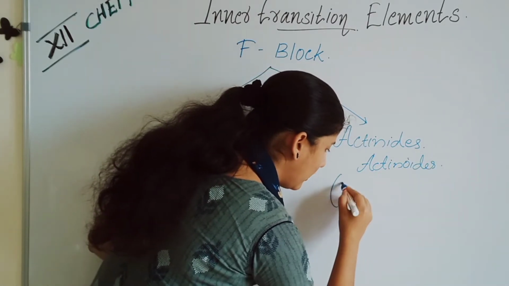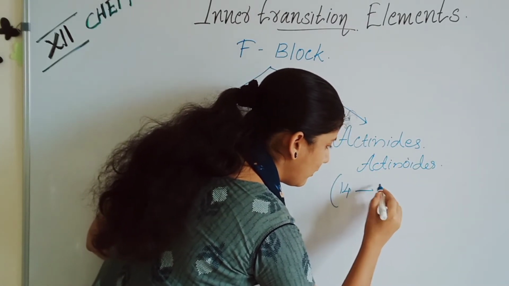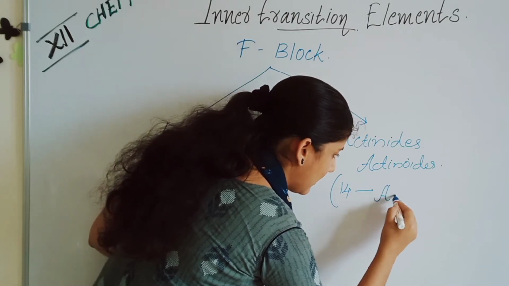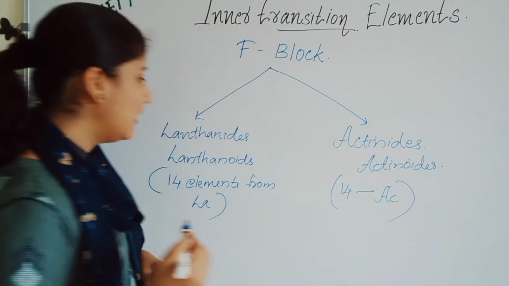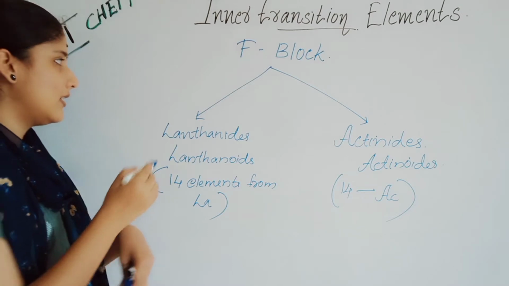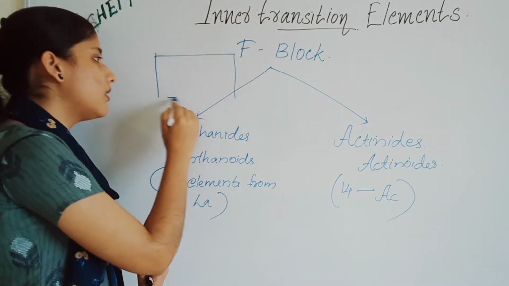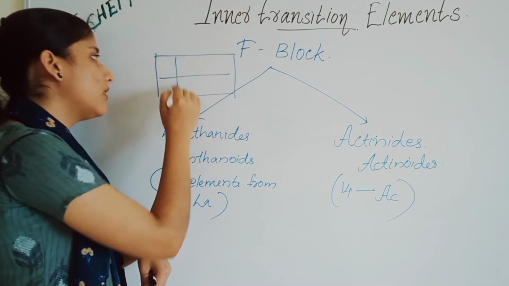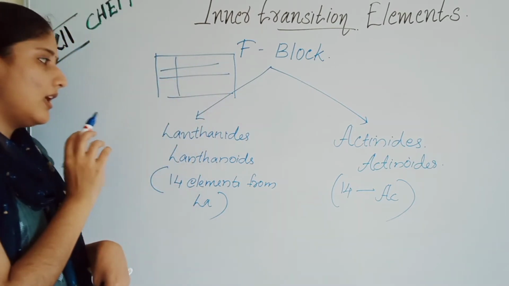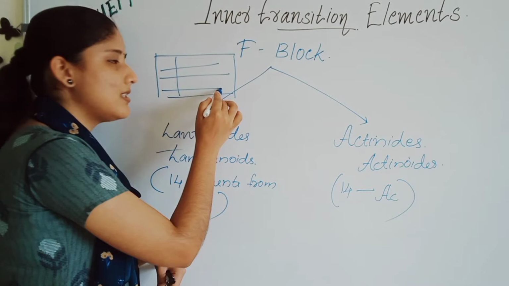There are also 14 elements in actinoids starting from actinium, that is Ac. These are the two periods in the f block. The first period is lanthanides and the second period is actinides.